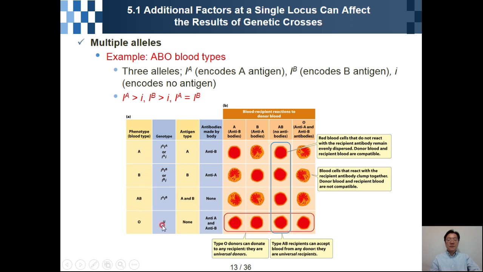O will be small i and small i, and the antigen type will be none. How about AB? Because there is no dominant and no recessive between IA and IB, blood type AB means large IA and large IB, and the antigen type is A and B. So ABO blood type is another example of multiple alleles, 3 alleles, large IA, large IB, and small i.